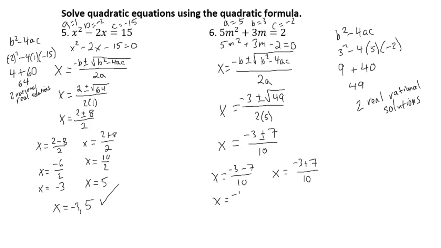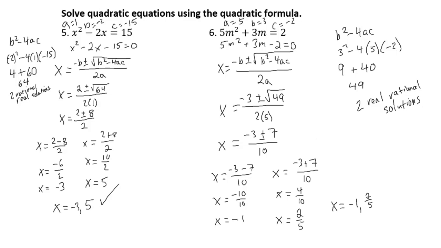That gives us negative 10 over 10, which simplifies to negative 1. And this one over here gives 7 minus 3 is 4, 4 over 10 gives us 2/5. All right, when we put those together, that's negative 1 and 2/5.